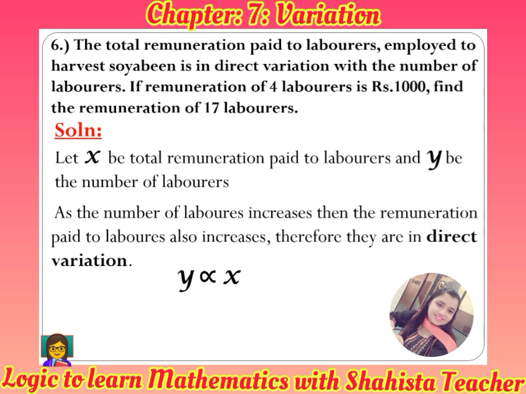So y varies x. Here y varies to x. नंबर ऑफ लेबर के लिए हमने y रखे हैं और रेम्यूनरेशन के लिए x रखे. तो y जो है वो वेरीज करता है x से. तो पहले आप y रखोगे. Many students have this confusion. हमेशा बच्चों को कन्फ्यूजन रहता है कि y पहले लिखना है क्या x पहले लिखना है. तो डोंट वरी, जो नंबर ऑफ लेबर है ना उसको हम पहले रखेंगे. तो y वेरीज x. ठीक है, पहले वो लेबर आएगा आपके फार्म में काम करेगा, देन उसको मनी दी जाएगी. तो मनी के लिए हमने x रखे है, रेम्यूनरेशन पेड यानी कि x जो है वो रेम्यूनरेशन है, पैसा है और y जो है वो लेबर है.